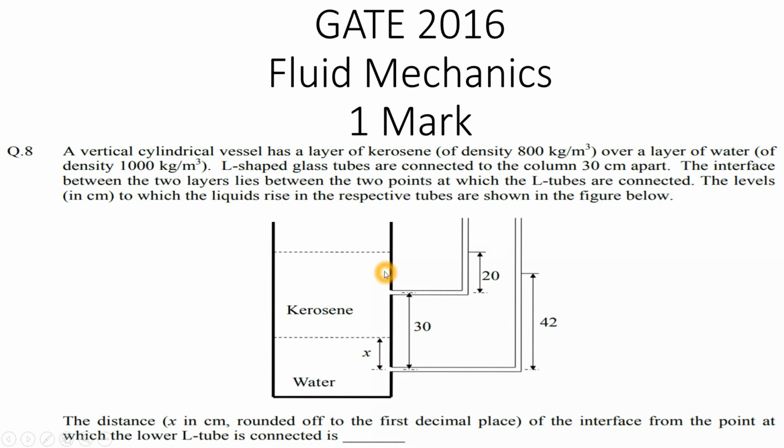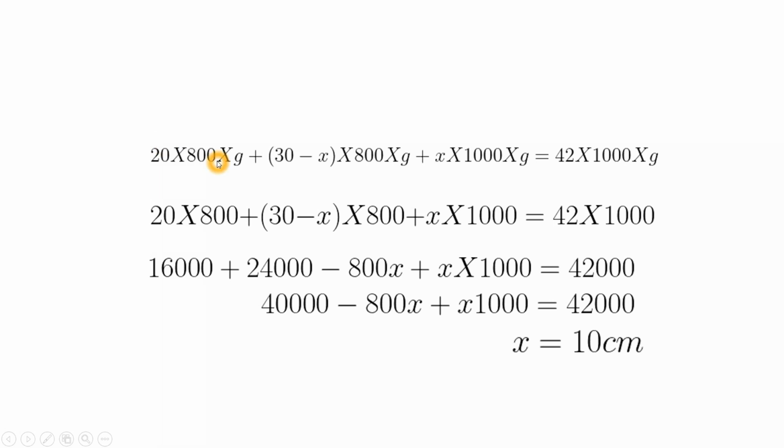So what we can do, I will do 20 into 800 into g. 800 is given in kg per meter cube, 20 is given in centimeter, and g is gravitational acceleration due to gravity, which is also in SI unit, but I can write 20 in centimeter also, since when I calculate it in centimeter all the units will cancel out automatically, so there is no problem putting the value here in centimeter. If I calculate the pressure separately, then I need to convert it to meter. So this is actually the easiest way to solve this problem.